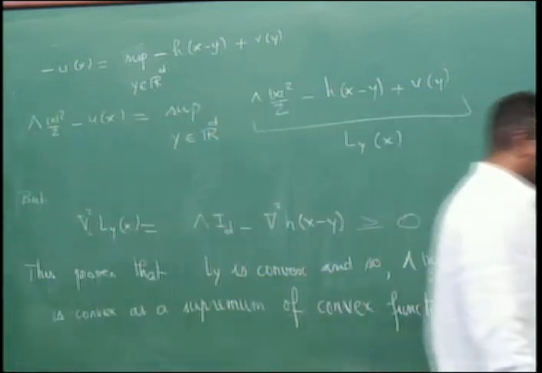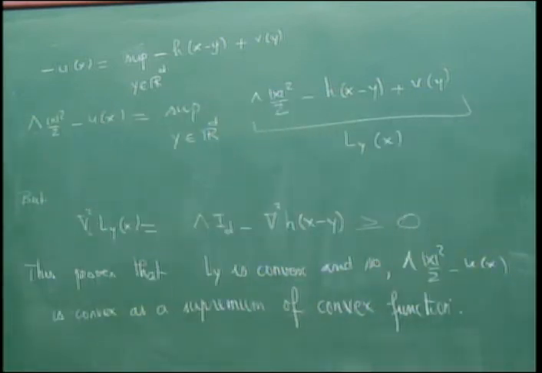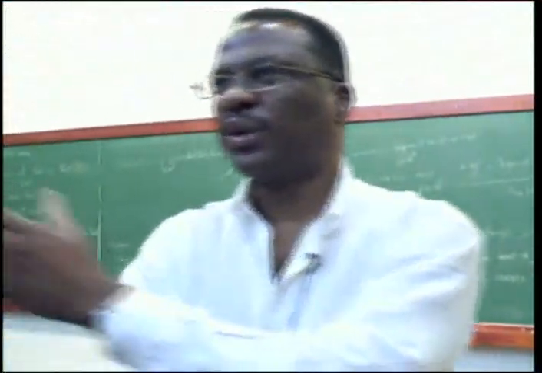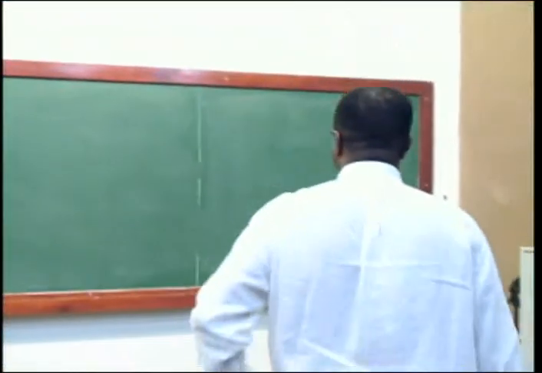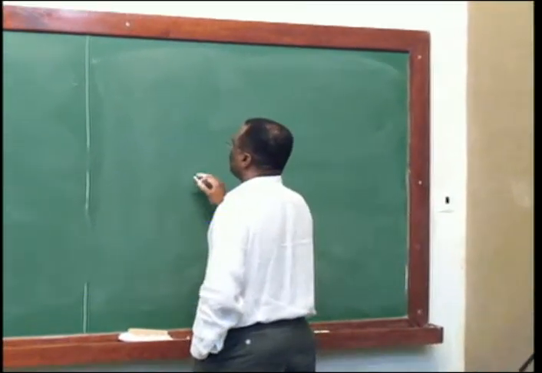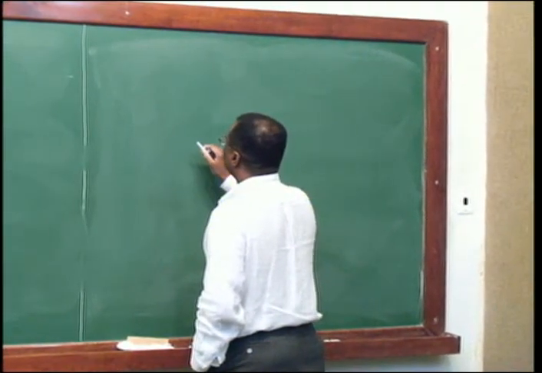So convex functions are locally Lipschitz, and so they are differentiable almost everywhere. Let me check formally that convex functions are locally Lipschitz. Let me check that the gradient is bounded on a bounded set.